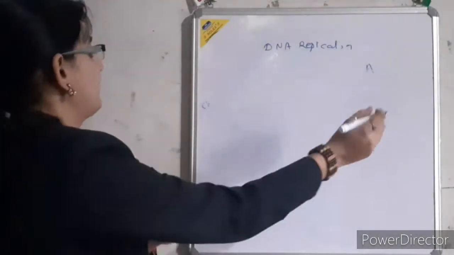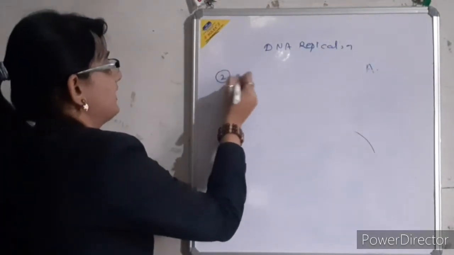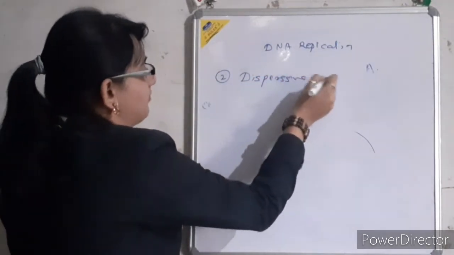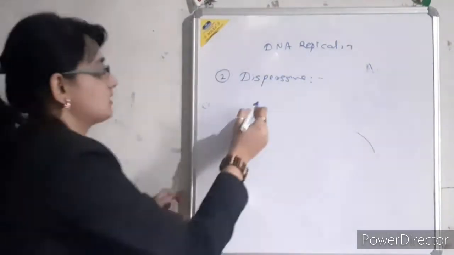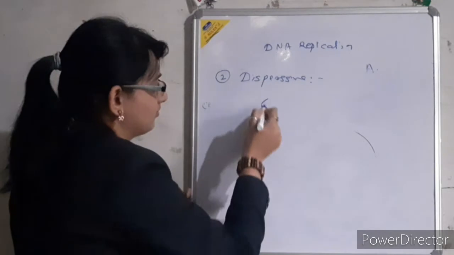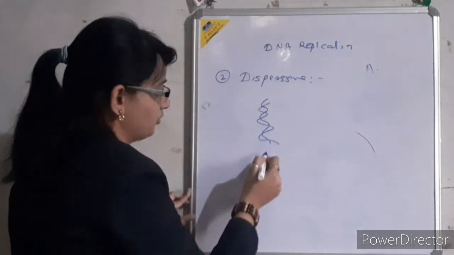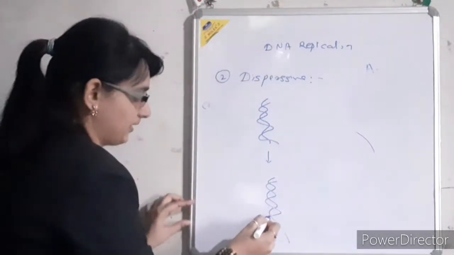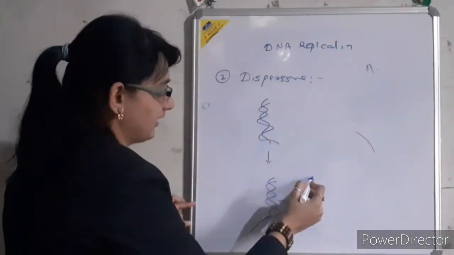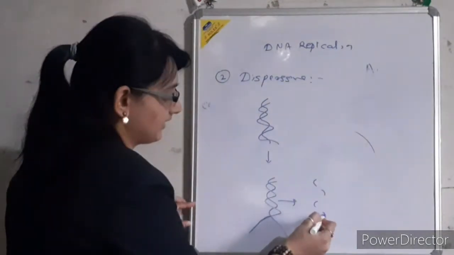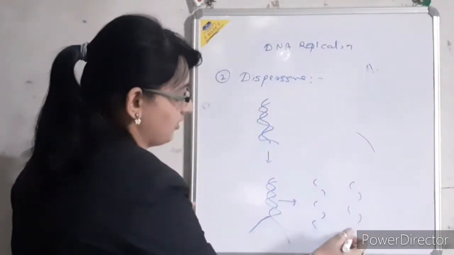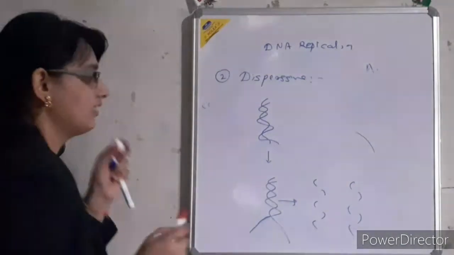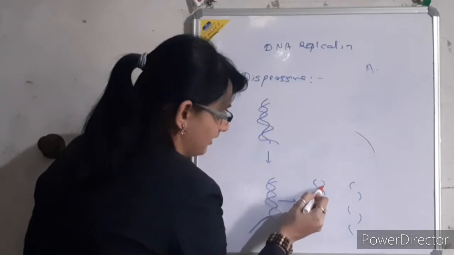We will go toward the second type of DNA replication, called the dispersive type. Suppose this is the parental DNA. It starts to replicate by forming a replication fork, and after that it forms a dispersive structure, meaning half the fragments are parental and half are newly synthesized DNA.